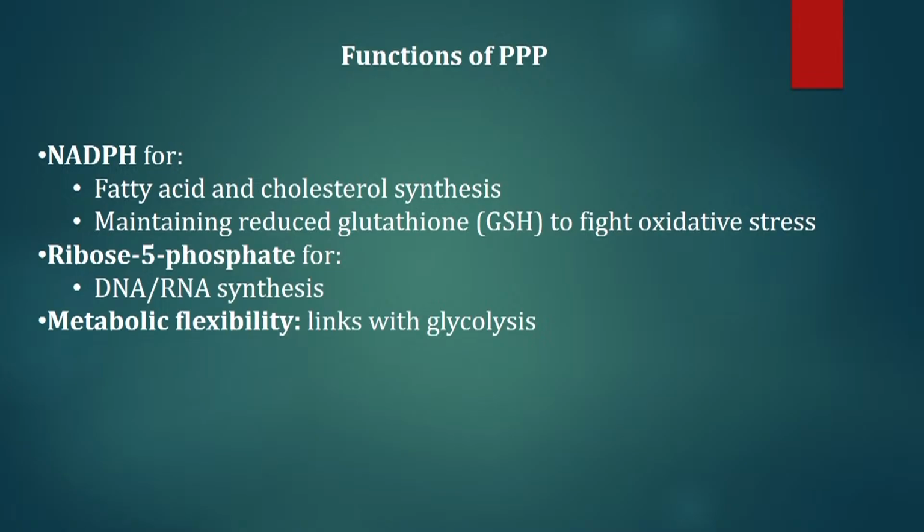NADPH is involved in the biosynthesis of fatty acids and cholesterol. Also, this NADPH maintains the reduced glutathione molecule to fight oxidative stress. This is one very important function of the NADPH produced during the pentose phosphate pathway.